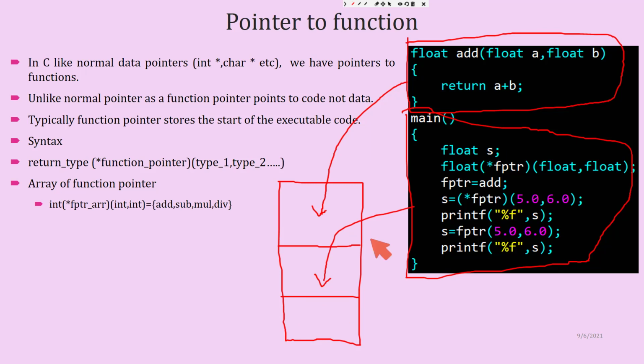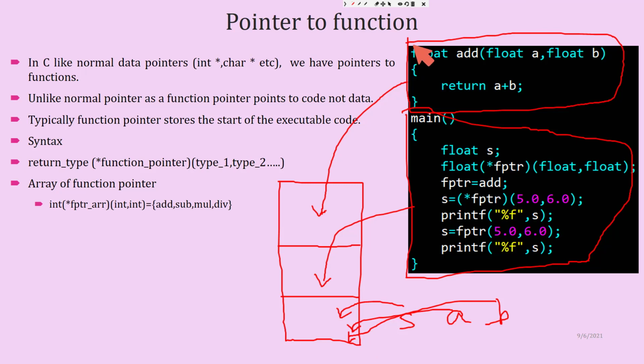And here I have some variables, S, A, B. For execution, everything must be in memory. That we all know. For execution of a program, the program must be loaded to memory.